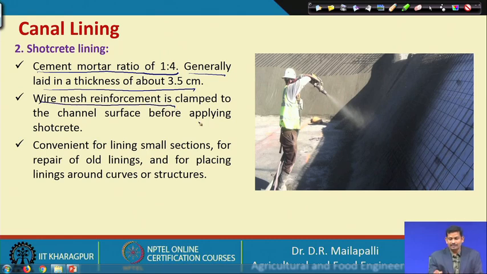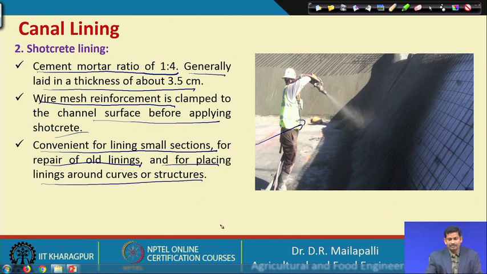Look at here how he is pumping this cement mortar onto the wire mesh, so that the strength will be more, right, and then it is convenient for lining small sections for repair of old linings, and for placing linings around the curves and structures.